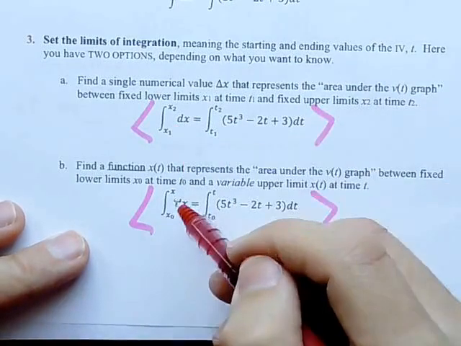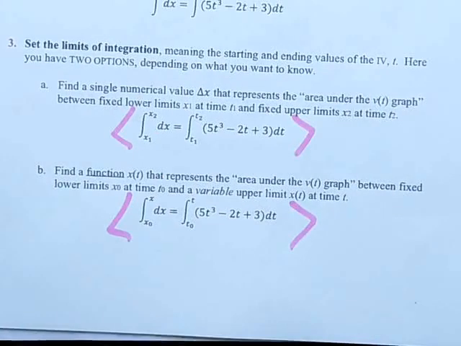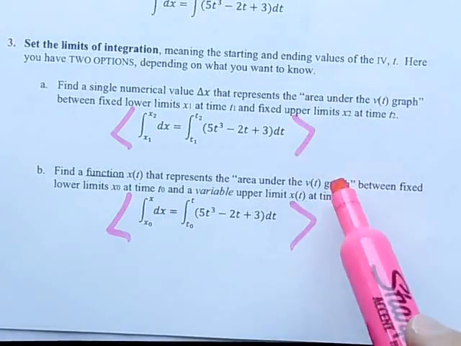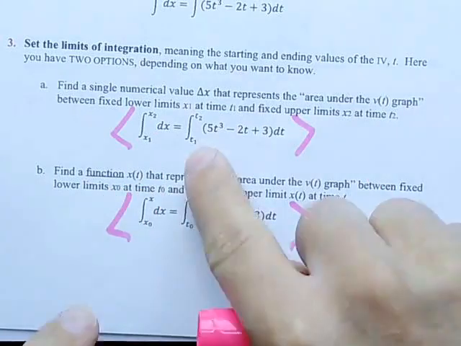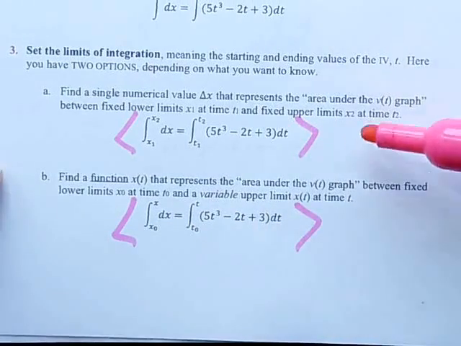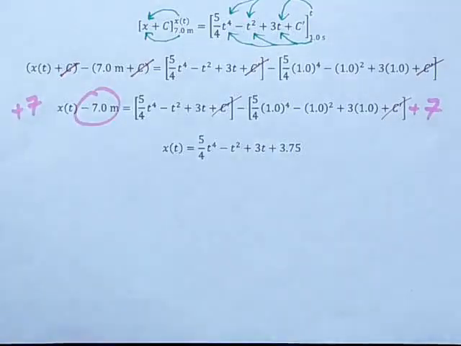You have to show those upper and lower limits because those define what it is that you're doing. Those define whether you're finding a fixed area or whether you're trying to find some function. So those have to be shown and they have to match up. Okay, so next thing that needs to be on your page is this line.